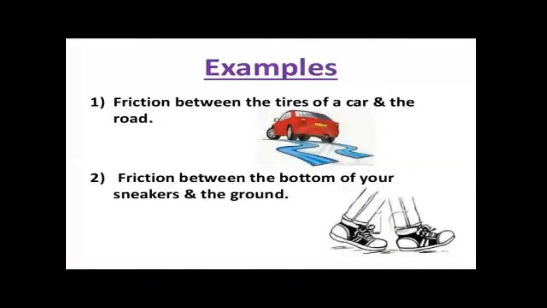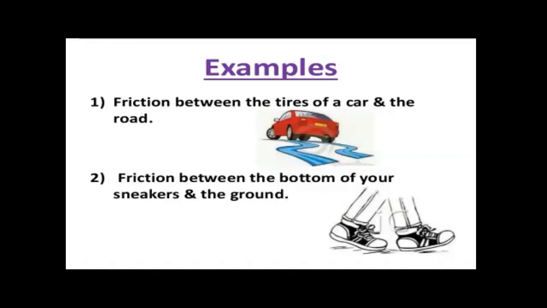Now the examples. There are two examples: friction between the tires of a car and the road. The second example, friction between the bottom of your sneakers and the ground. Friction can be useful in many ways. Friction between our shoes and the floor stops us from slipping.